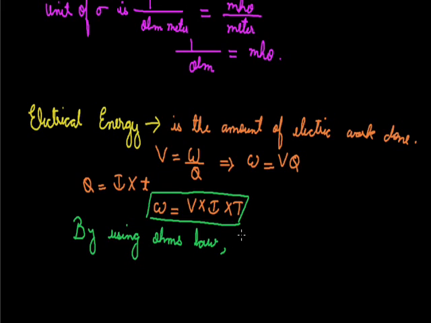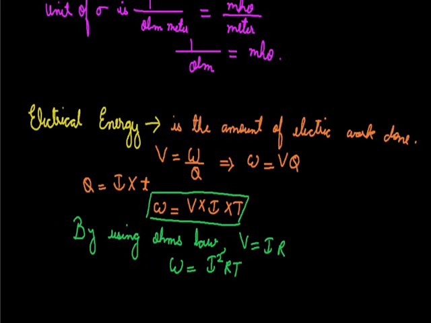By using Ohm's law, V is equal to IR. Substituting this value of V in the above equation, we get I square RT.